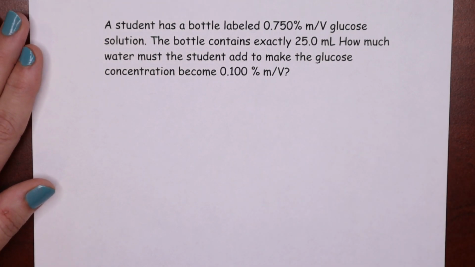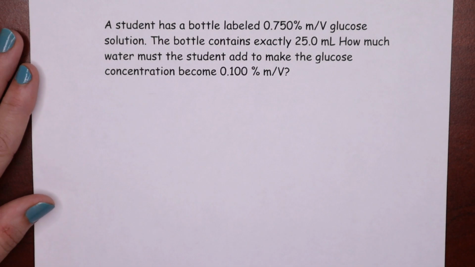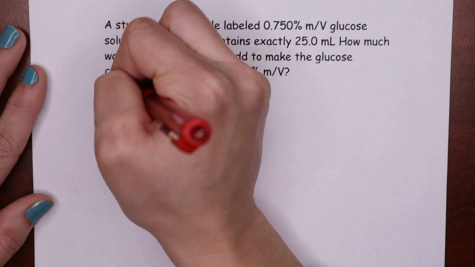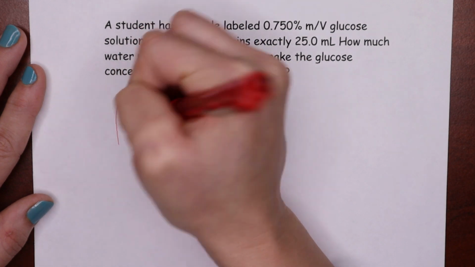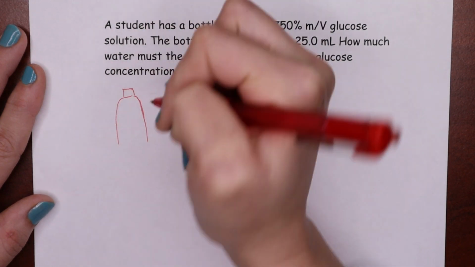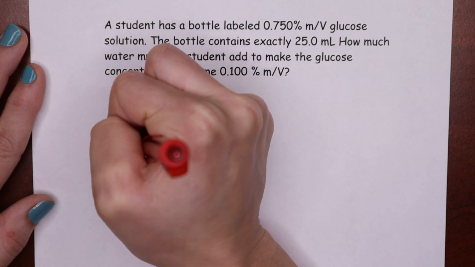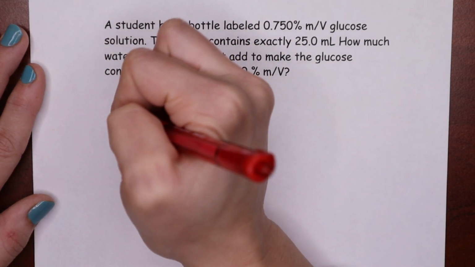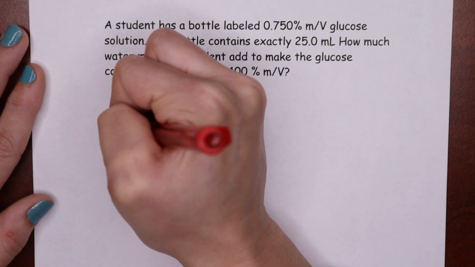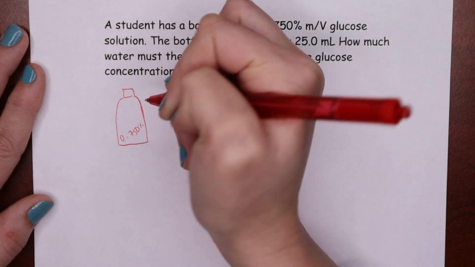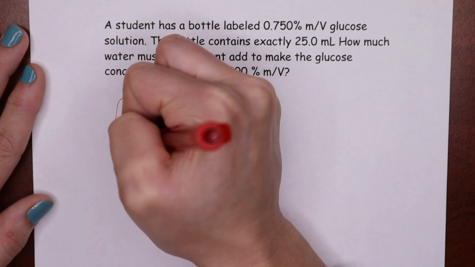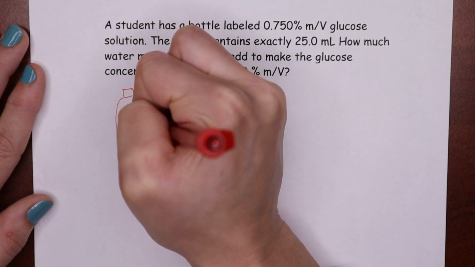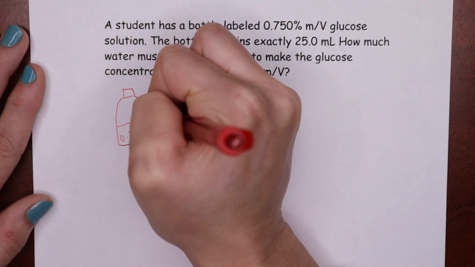So let's think of what's happening here. We have one bottle, 0.750%, with 25.0 milliliters.